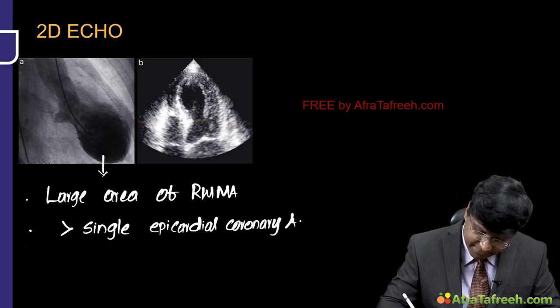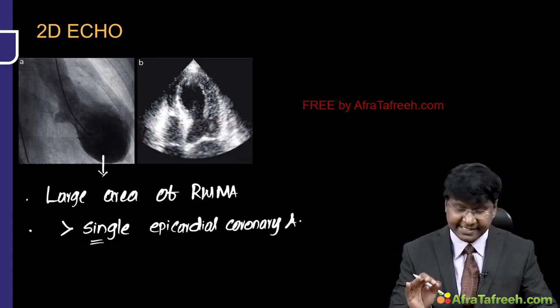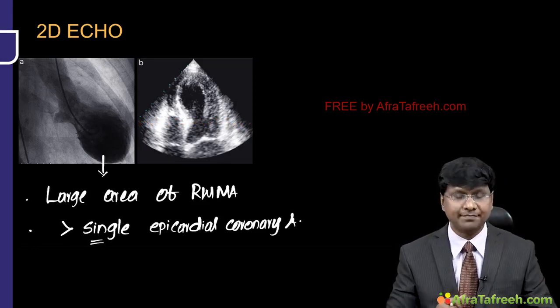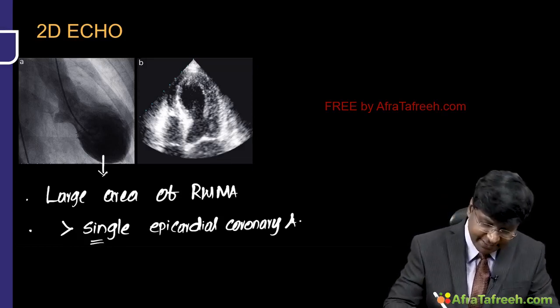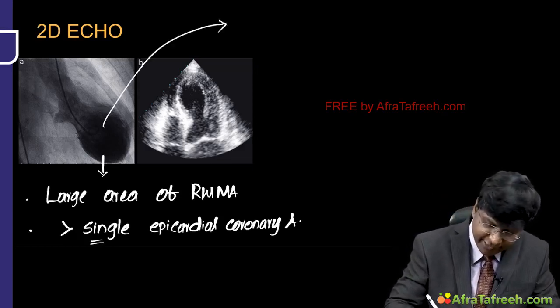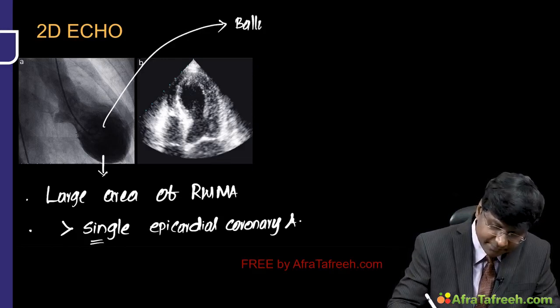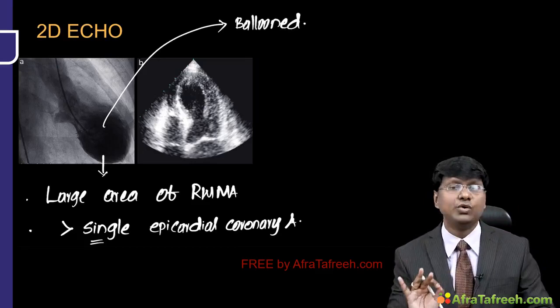Right, it is present beyond the distribution of a single epicardial coronary artery. That is one point. And next important is the apex, not only hypokinetic, it is also ballooned out.